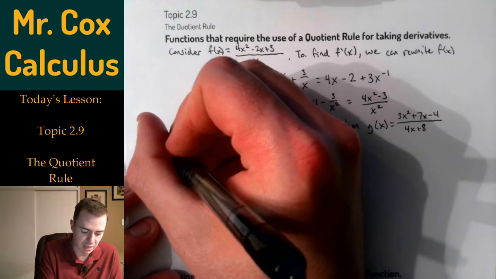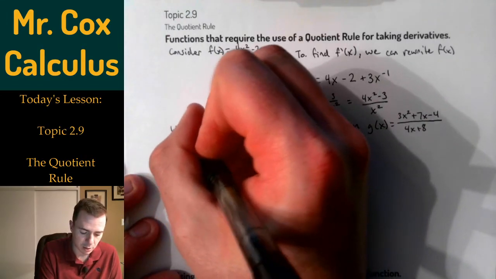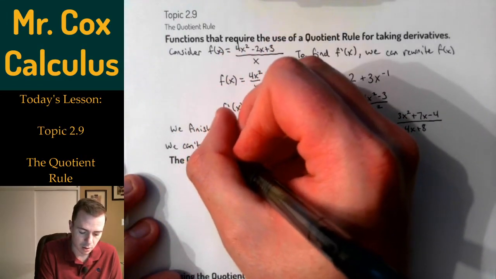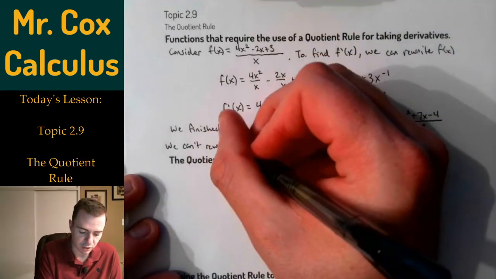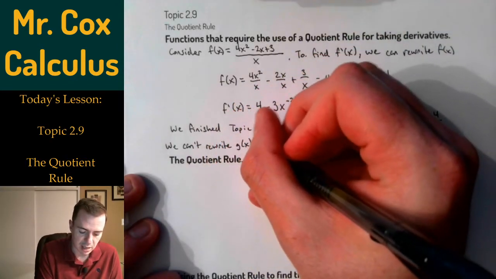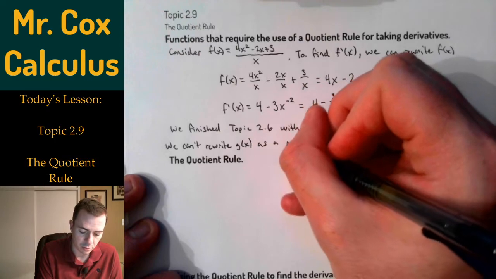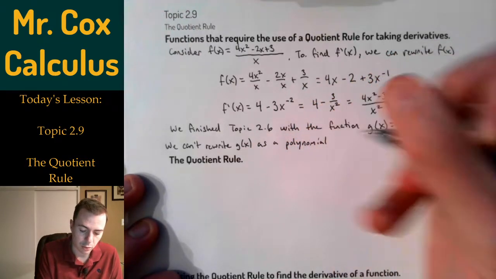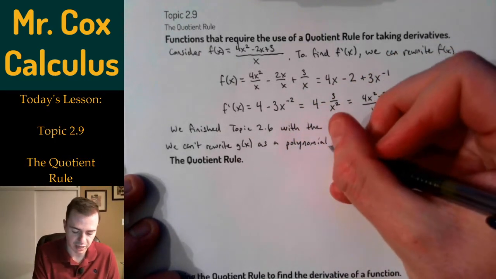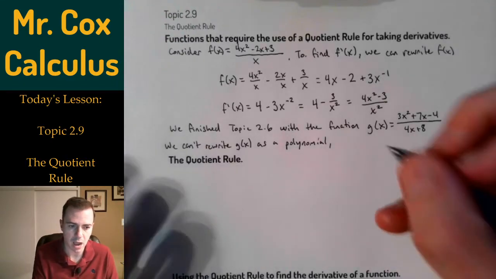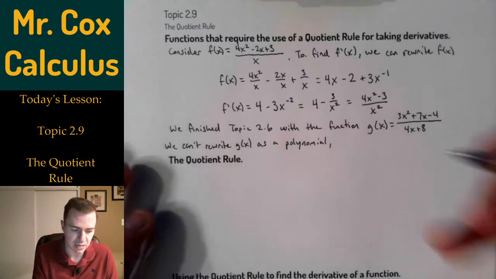So because we cannot rewrite this function g of x as a polynomial the way we could this function f of x, and so because we can't rewrite it, now we have this need.